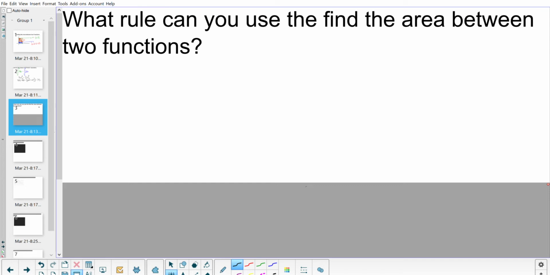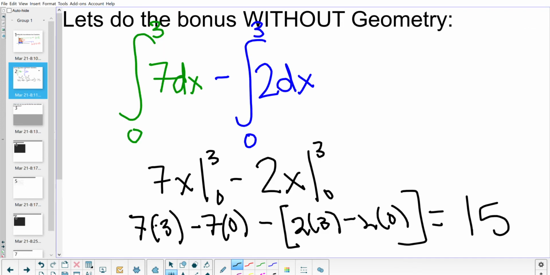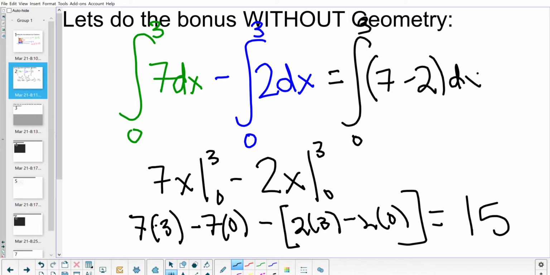We did it in two separate integrals back here, but we could have combined this. Since they have the same boundaries, this could have just been the integral from 0 to 3 of 7 minus 2 dx. It could have just been that, and that's because they have the same limits of integration.